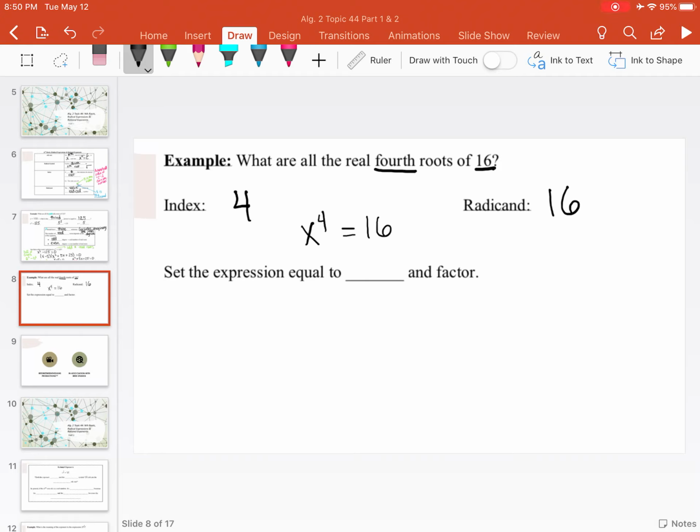So we're going to set this expression equal to 0 and factor. This will give us x to the 4th minus 16 equals 0. Looking at my polynomial, my highest degree is 4. So I'm going to have 4 total roots, and specifically an even number of real roots.